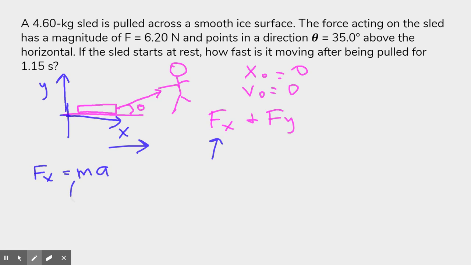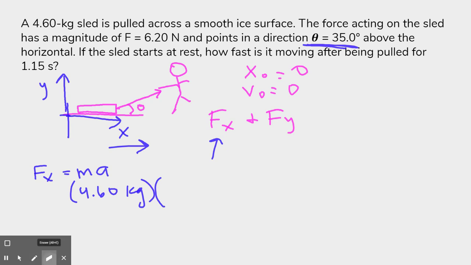We have our mass, which is 4.60 kilograms. Ooh, we don't have the acceleration, but we have a way we can find it because we know theta. And I hope you remember from earlier that we can solve for an x or y component by using the sine or the cosine. And we are going to be using the cosine of 35.